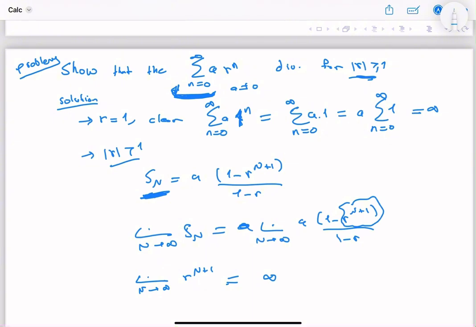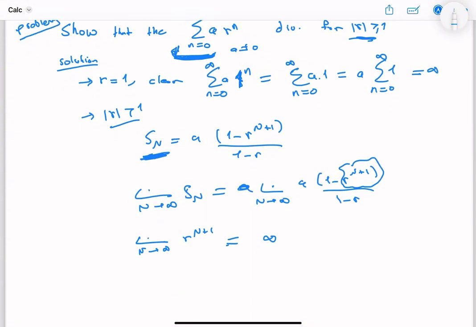In fact, if r is negative, the limit does not exist, right? Because remember we're talking about r strictly bigger than 1 in absolute value, so r can be positive or negative. So if r is negative, clearly the limit does not exist. It's going to be an alternating sequence, and the limit does not exist.